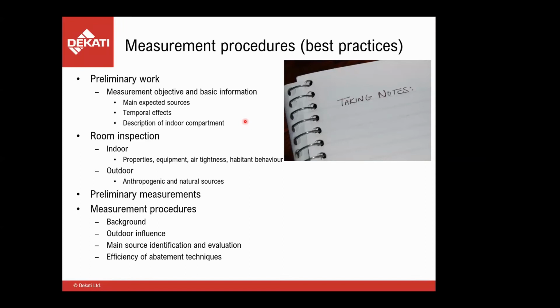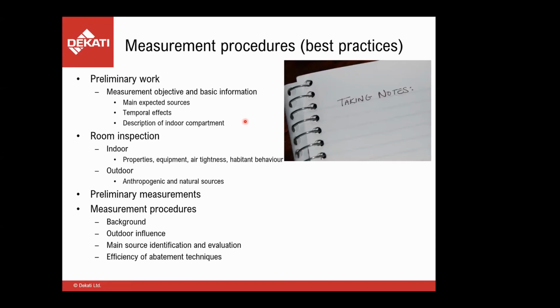Then for the measurement procedure, what should be done? We talked about the background measurement already. There should be also detailed notes on the outdoor influence, weather patterns, wind patterns, and of course the outdoor PM concentration. You should try to identify and evaluate the main sources in the dwelling, and then try to do efficiency measurements of abatement techniques.